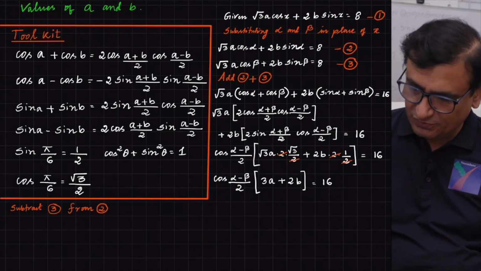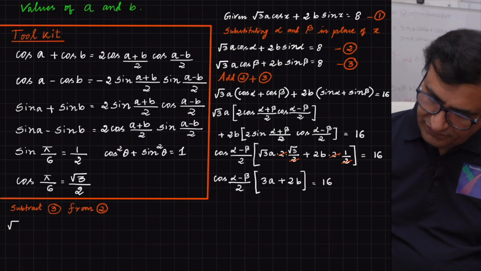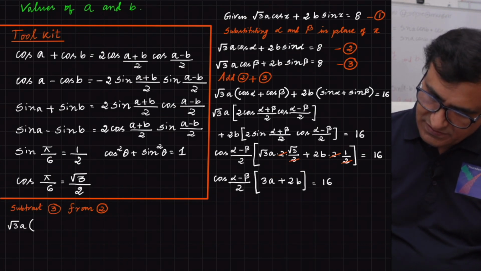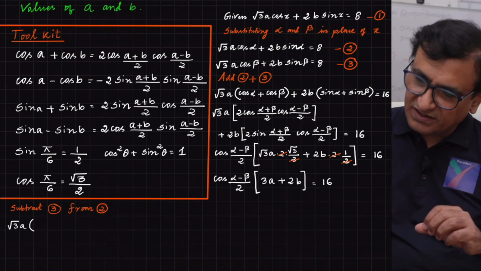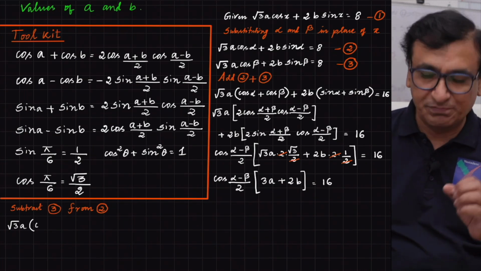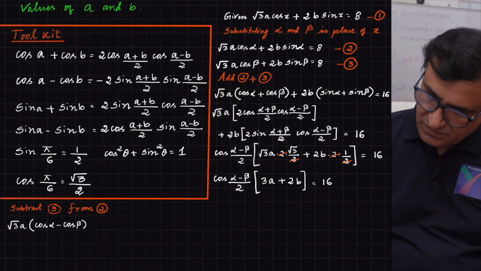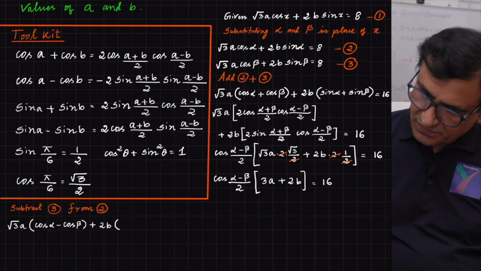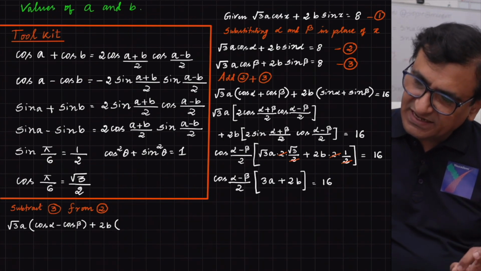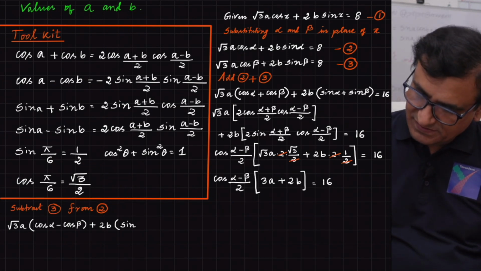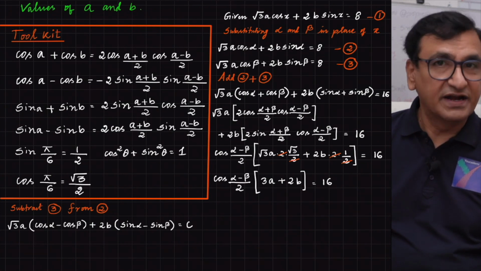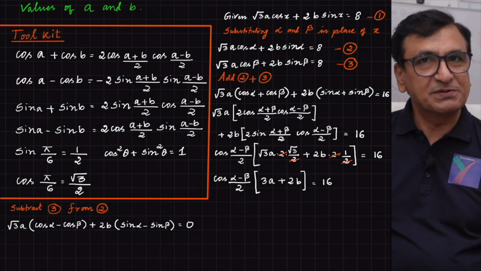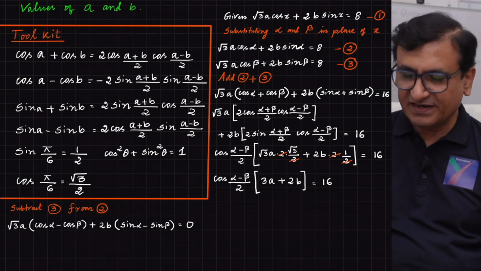So it's pretty simple to write. You have square root of 3a multiplied by (cos alpha minus cos beta), plus 2b multiplied by (sine alpha minus sine beta), that equals 0, right?